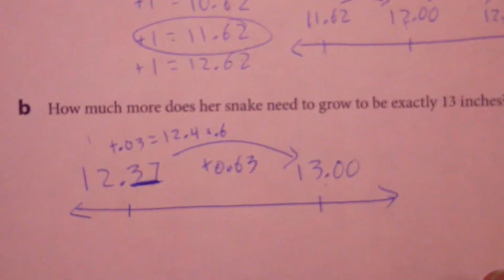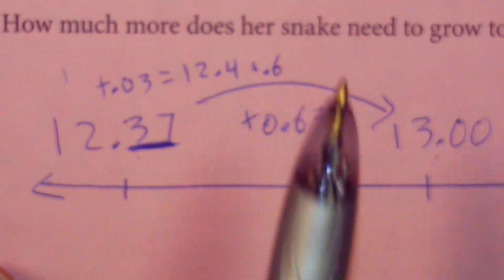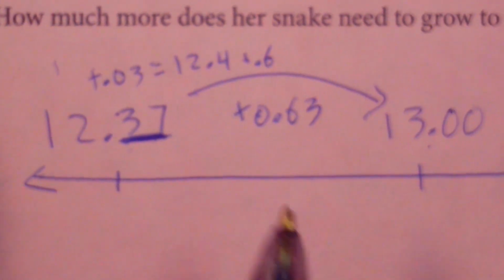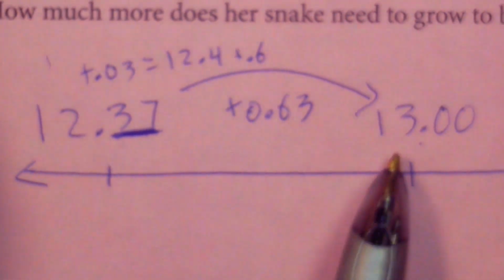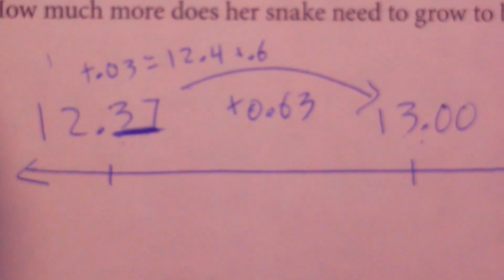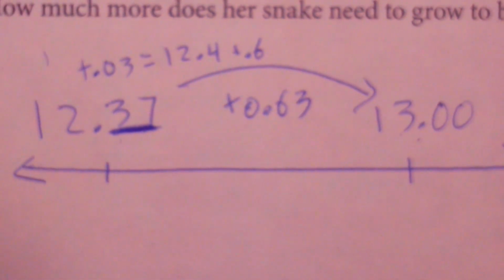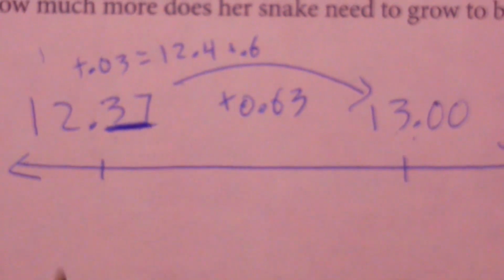That's a tough one. So tough. And if you don't like thinking of it as fractions, you could think of it as money. I have $12.37. How much money do I need to get $13? I need 63 cents. Sometimes you might find that to be a little easier. When in doubt, you can think of pennies and dimes. The tenths are dimes. The pennies are the hundredths.